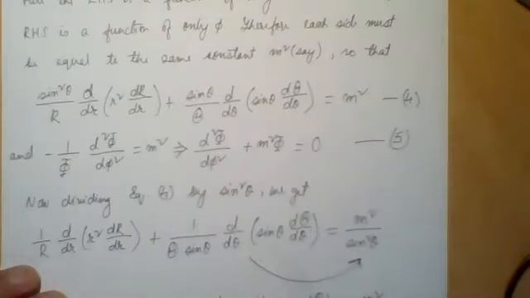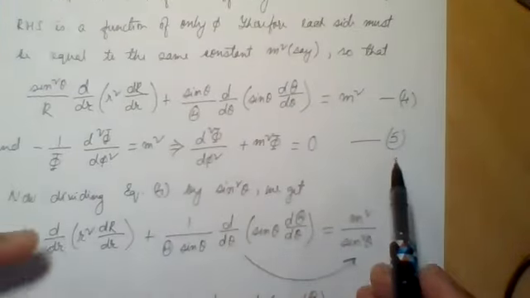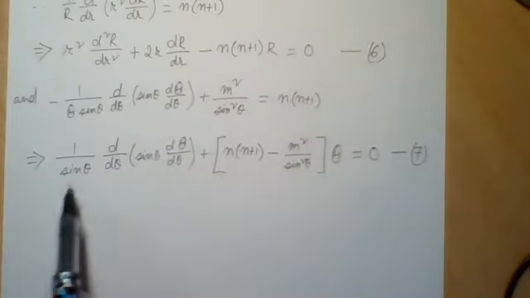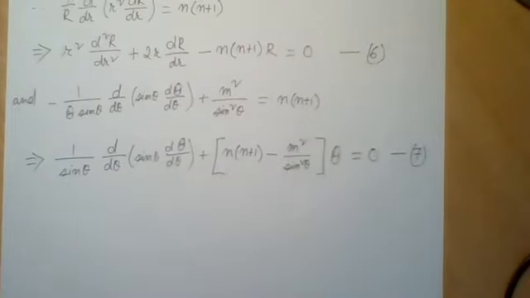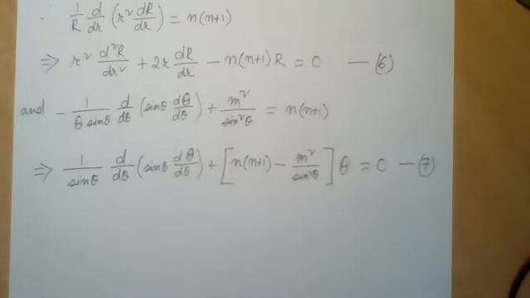They are given by equation number 5, equation number 6, and equation number 7. These are the 3 ordinary differential equations which we have obtained from the Laplace equation by using the separation of variables technique.